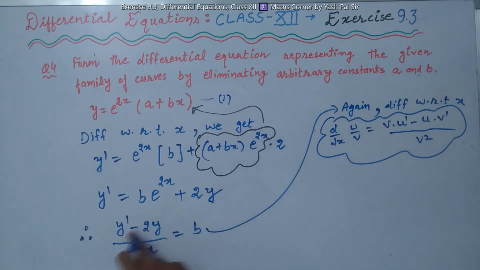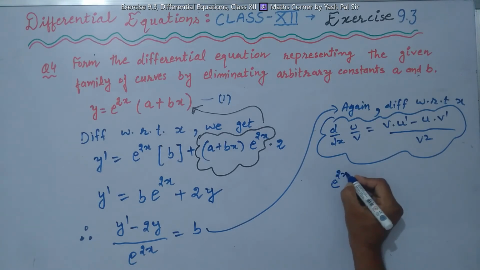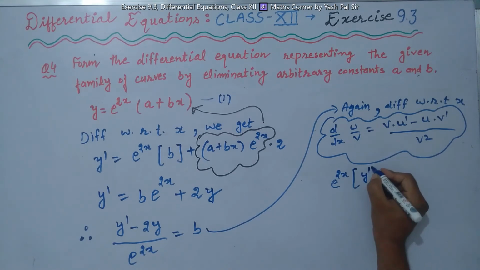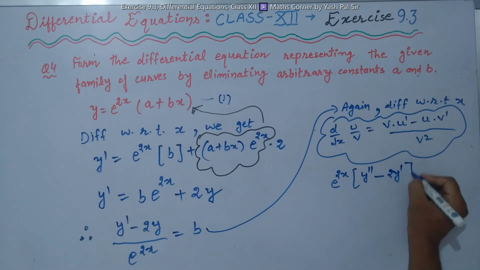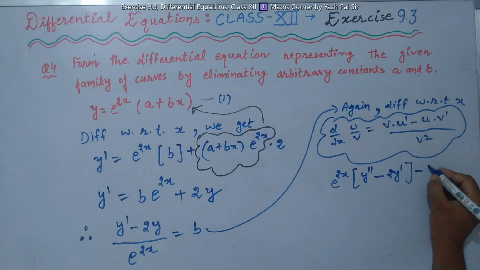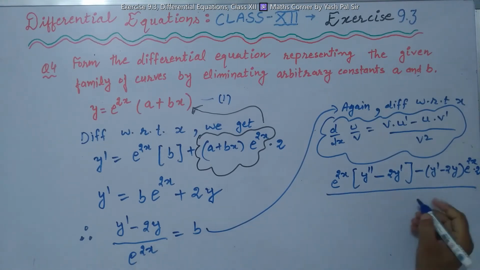This becomes v, the denominator as it is, e power 2x into derivative of numerator, y dash, derivative becomes y double dash minus 2y dash. Next, minus u, the numerator, that is y dash minus 2y, into derivative of denominator, which is e power 2x into 2, whole divided by denominator whole square, e raised to power 4x, is equal to 0, right?